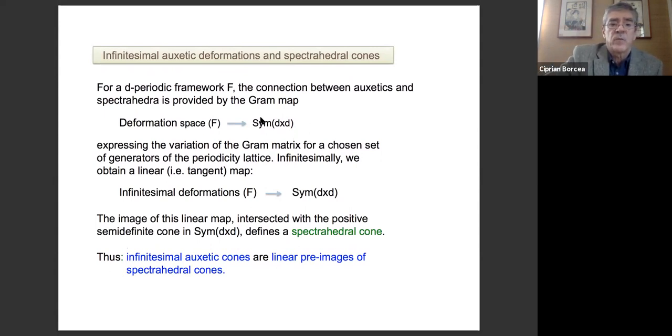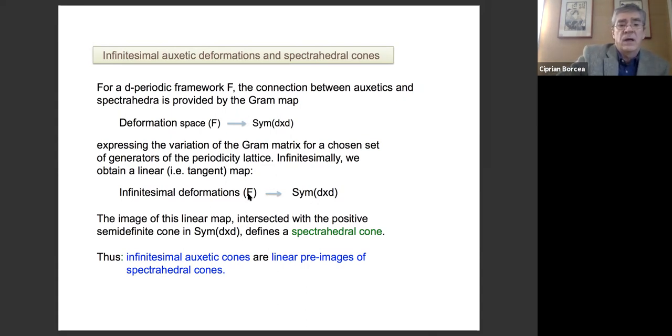And now this is obviously differentiable. So we take the differential, which means that we will get the linear approximation, which takes the tangent plane at the considered configuration to the tangent plane to symmetric matrices. But this is a vector space, so the tangent at every point is the same space.